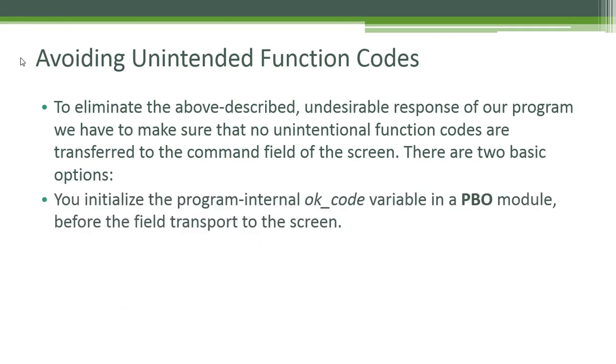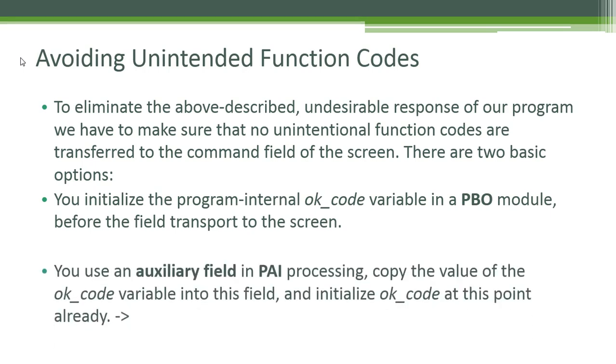You initialize the program internal OK code variable in a PBO module before the field is transferred to the screen, or you use an auxiliary field in the PAI processing, copy the value of the OK code variable into this field, and initialize OK code at this point already. So we're going to implement solution number 1. We're going to create a PBO module to initialize our OK code so we can prevent this error from happening.